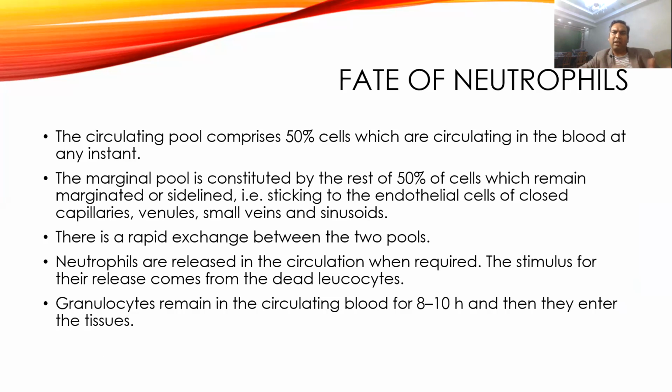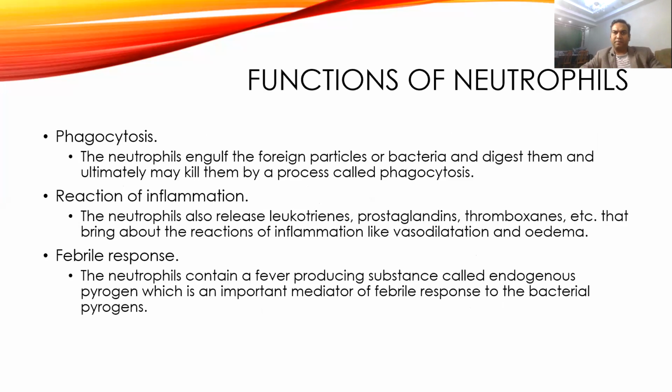So this pool can exchange itself at any moment. Whenever there is increased requirement, the first site from where the neutrophils come is the marginal pool. And whenever the requirement is there, various inflammatory factors will be released that also stimulate the production of more neutrophils, and more neutrophils will be available for the inflammation.